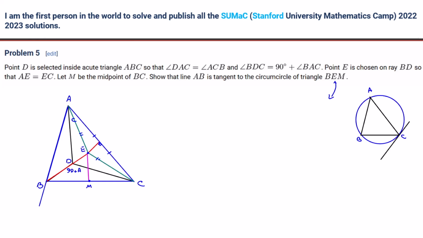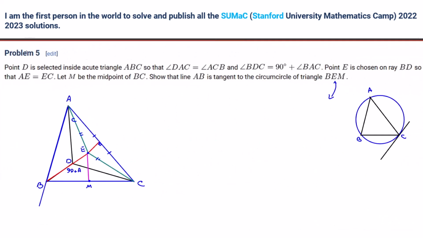Now this line is tangent, so which two angles are equal?